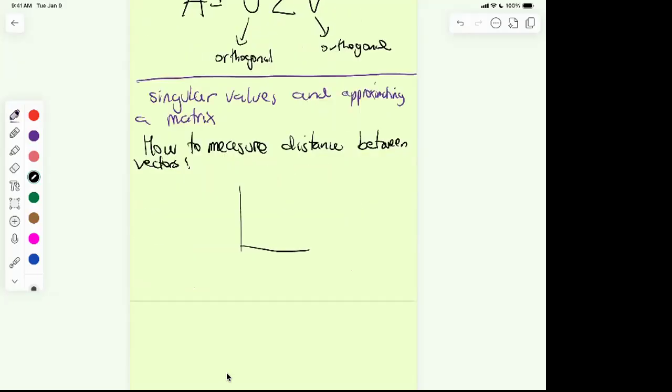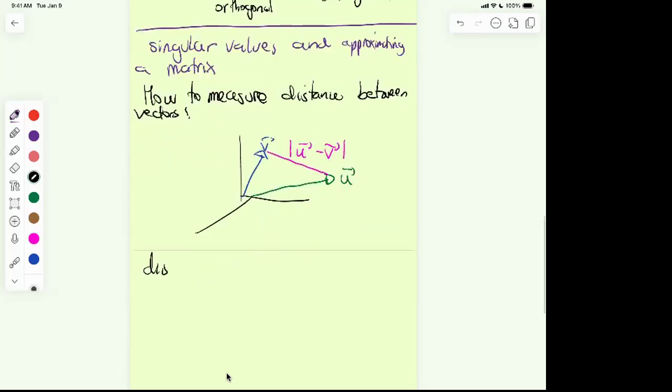If you had a vector u and a vector v, the distance between them is the length of this vector, which you can think of as u minus v, or v minus u. So the distance between two vectors u and v is just the length or the magnitude, the norm, of the vector u minus v.